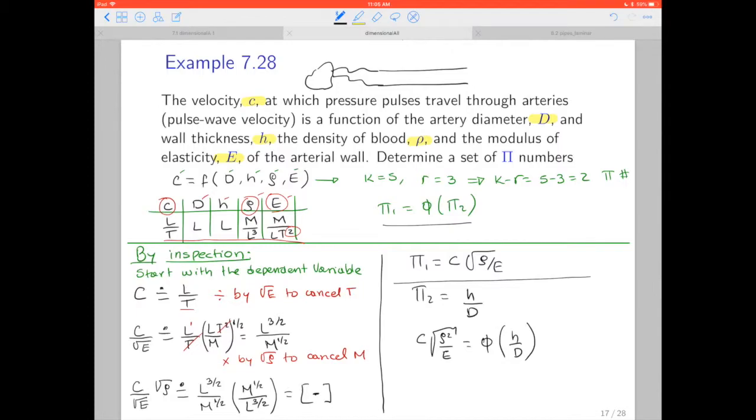So our new variables are these two. Okay, so in this case it is a little bit easier to deal by inspection. So you can choose any of the methods as long as you get similar results.